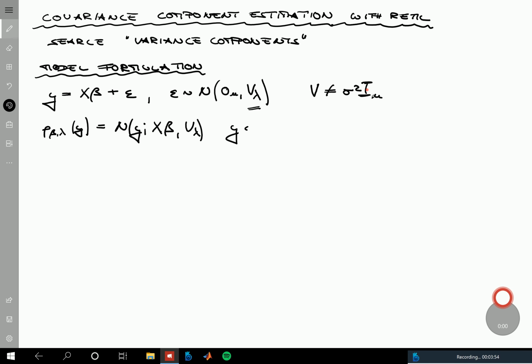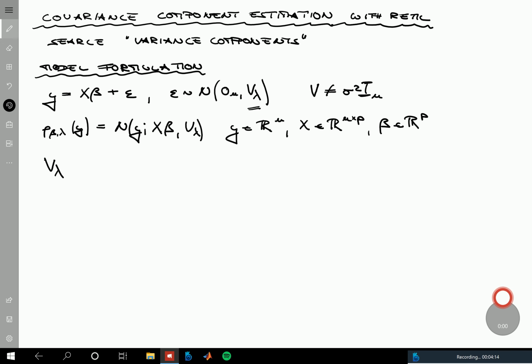And just for completeness, everything else is of course as previously. We have n-dimensional data points, we have an n times p dimensional design matrix, and we have a p-dimensional beta parameter vector. And the question is now, what is V lambda?